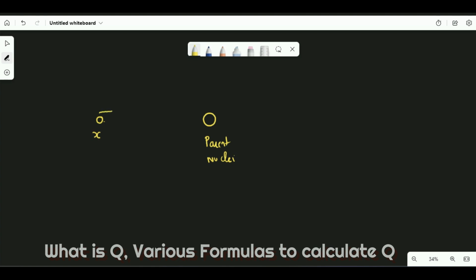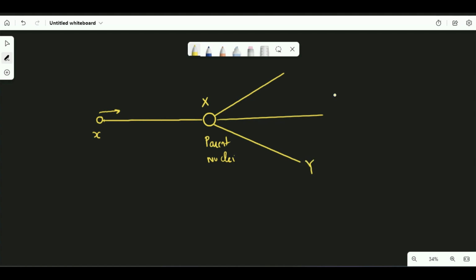This particle, which could be a neutron, you bombard it with neutron, comes and strikes the parent nucleus. There is a collision that happens, and then, for example, after the collision, you might have studied momentum and all that. So something very similar is happening now. And now what is happening is, if this is your capital X, you have this as the daughter nuclei, and then some smaller nucleus.